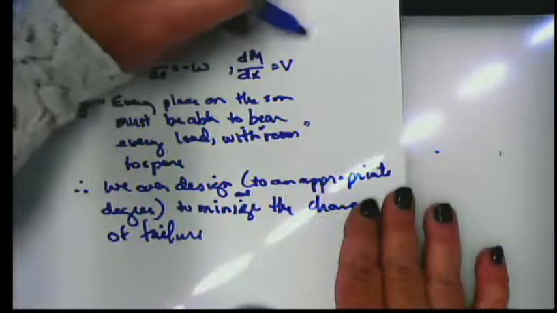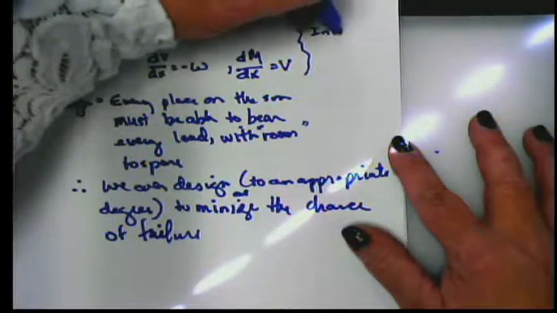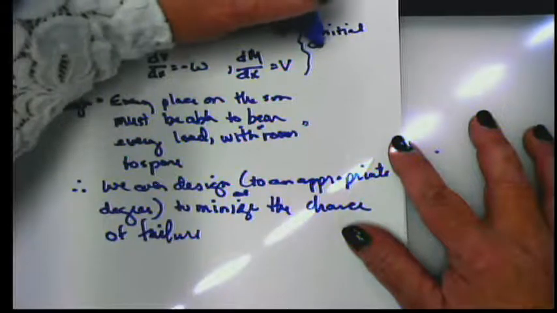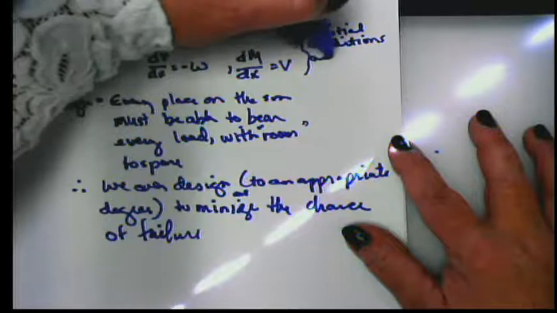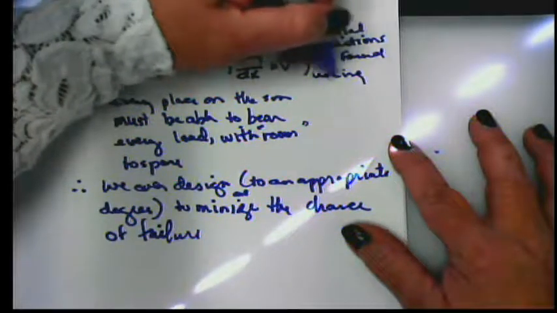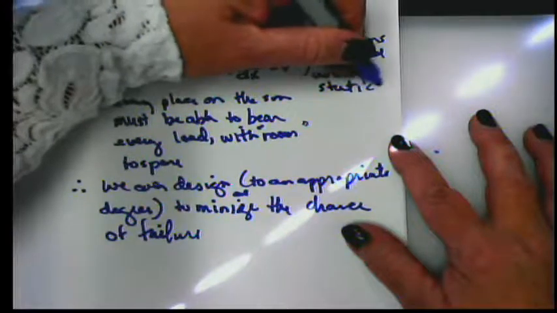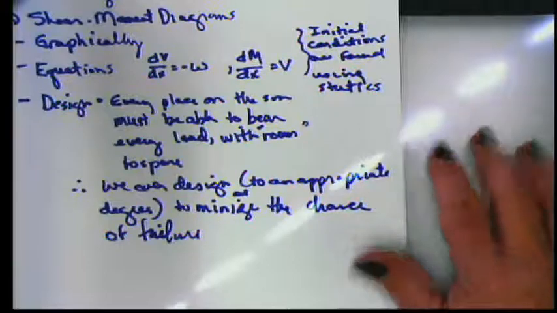Now, on both of these, whether you do it graphically or with the equations, the initial conditions are found using statics. In other words, summation of forces in X, possibly summation of forces in Y, and summation of moments.